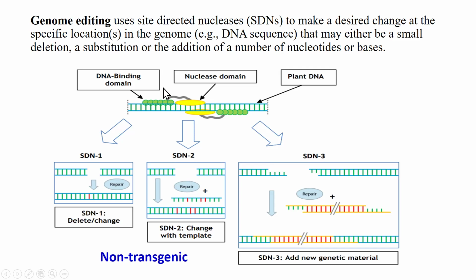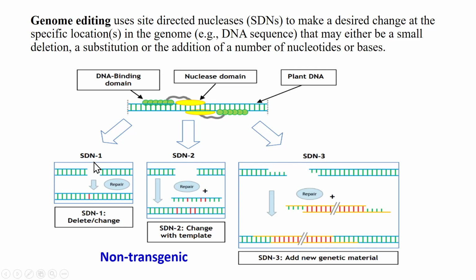So you put the address, and like a postman locates the address and drops the letter, the nuclease cuts the double-stranded DNA. After cutting the double-stranded DNA, three things can happen. One is SDN1, site-directed nuclease 1. Another is SDN2, and the third one is SDN3. That means three types of editing are possible.